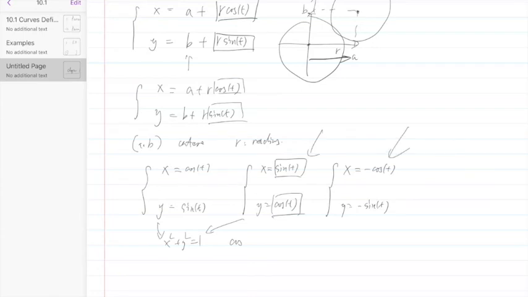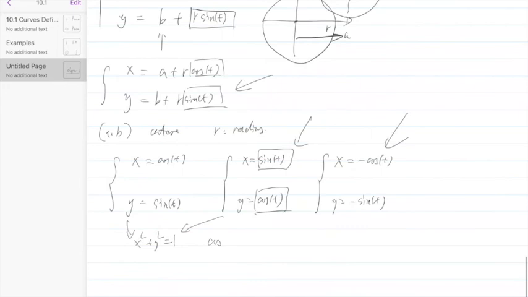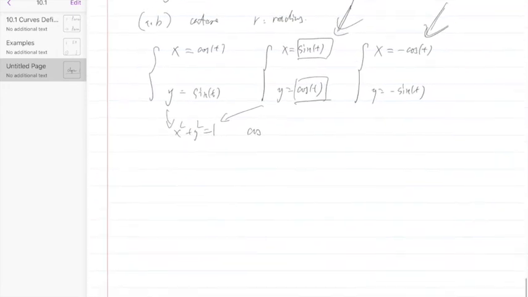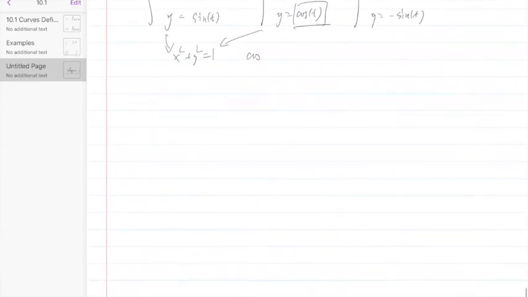Just by convention. All these will work, but they don't necessarily give you the conventional starting point. It doesn't necessarily give you the conventional orientation, which means clockwise or counterclockwise. So that's the only difference. We choose to go with this, but all these will be correct if we don't specify the orientations.